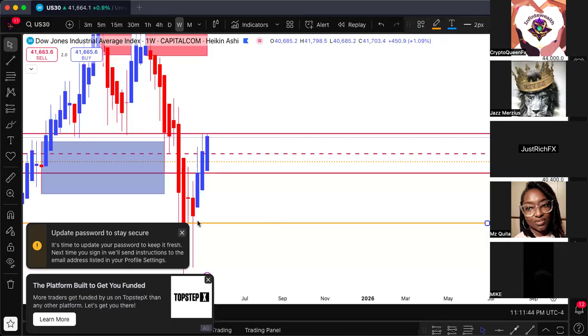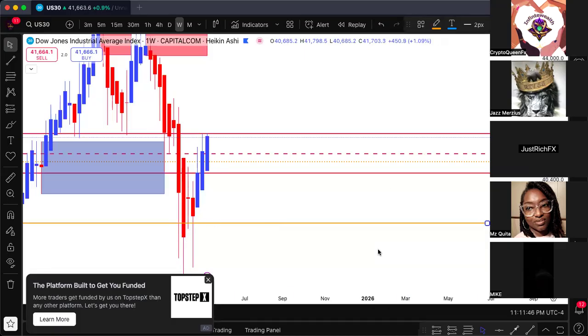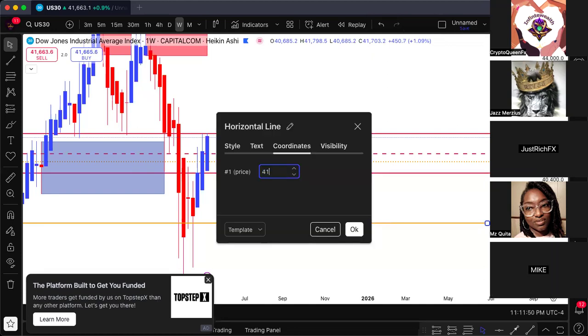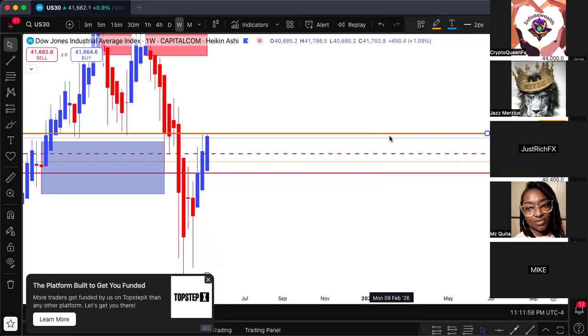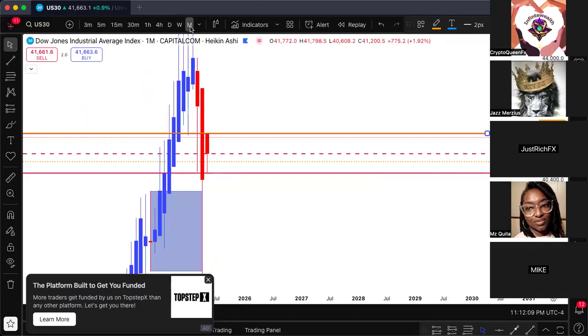The low for the US 30 is 41,798.5. Oh no, that's the high. This is the high. Hold on. Because I think the monthly and the weekly high is the same. Yeah, it is.